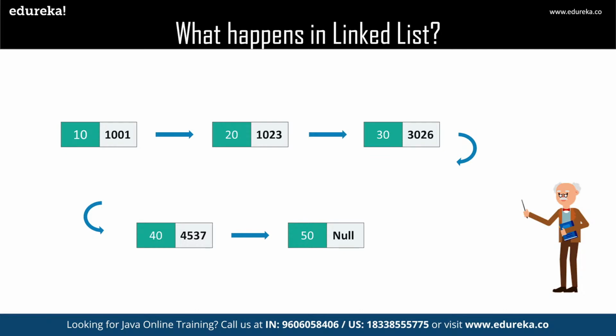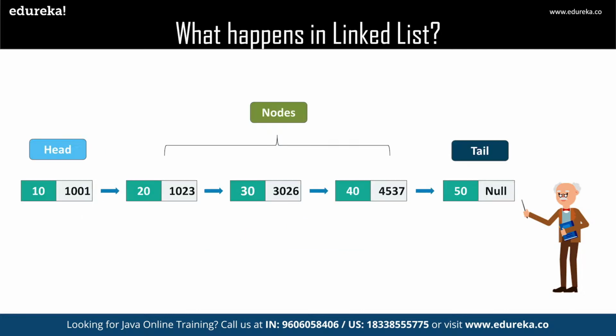So we can combine different elements together, and they all can be joined together as a part of the linked list. Here, these are the nodes, this is the tail, and this is the head.